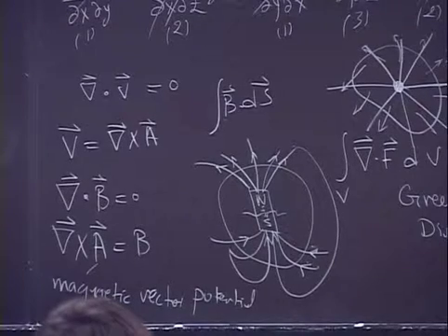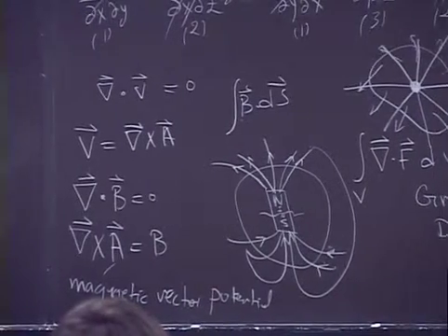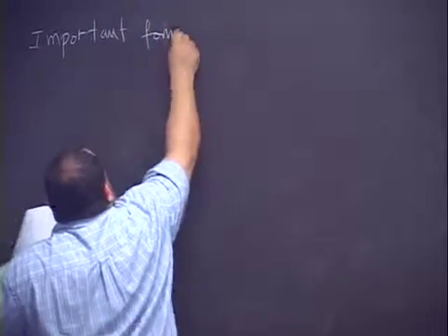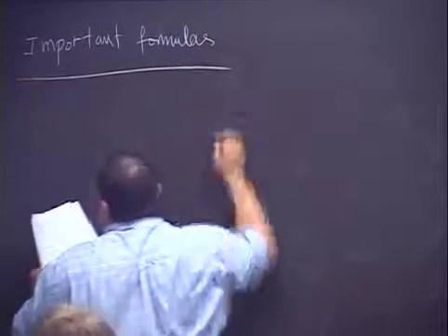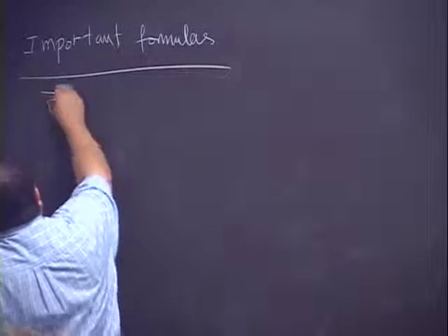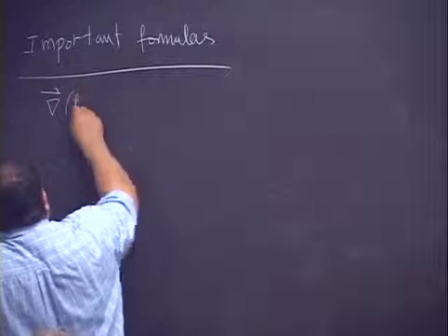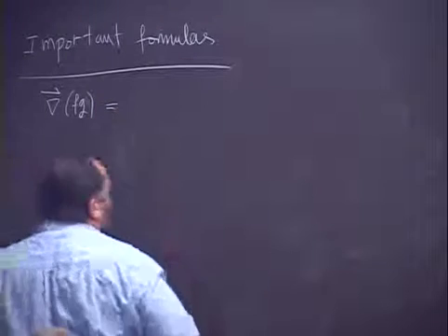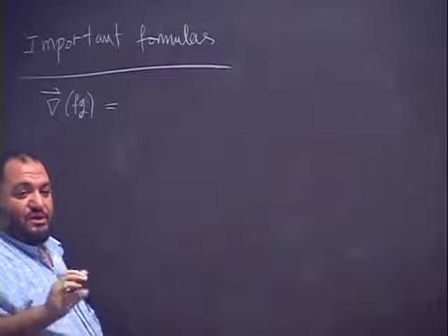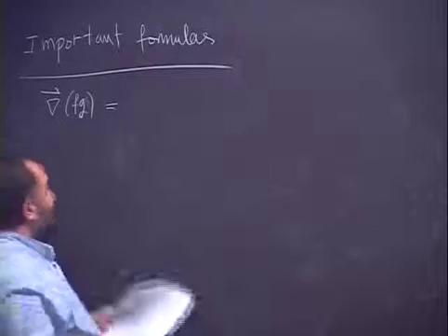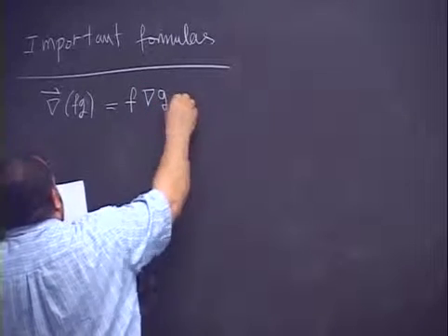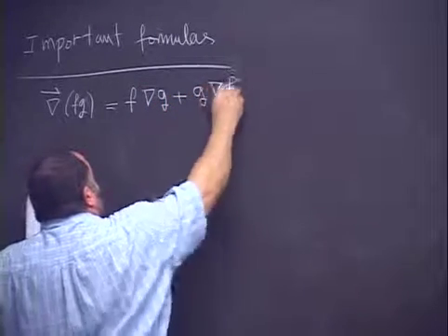Now there are some important formulas, and you will find them in your cheat sheet. The gradient of a product of two scalar functions f and g follows the product rule: the first multiplied by the differentiation of the second, plus the second multiplied by the differentiation of the first.